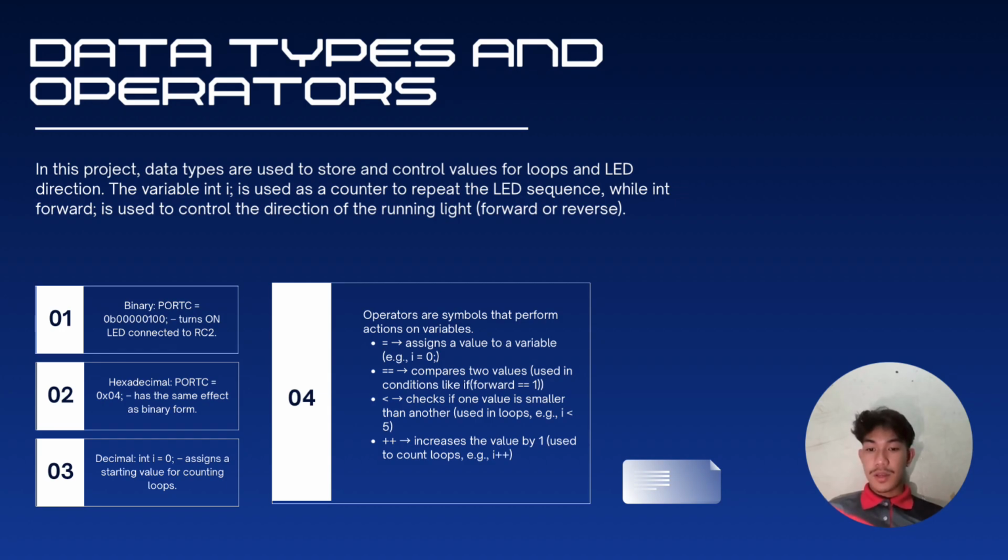This is to assign a starting value for the counting loop. And then the fourth one is talking about operators, which are symbols that perform actions on variables, such as the example that has been given there.